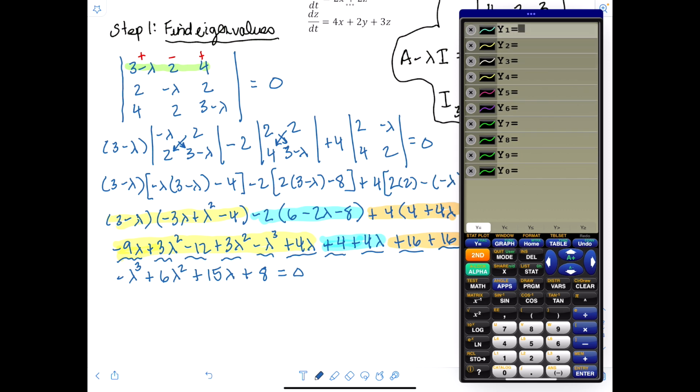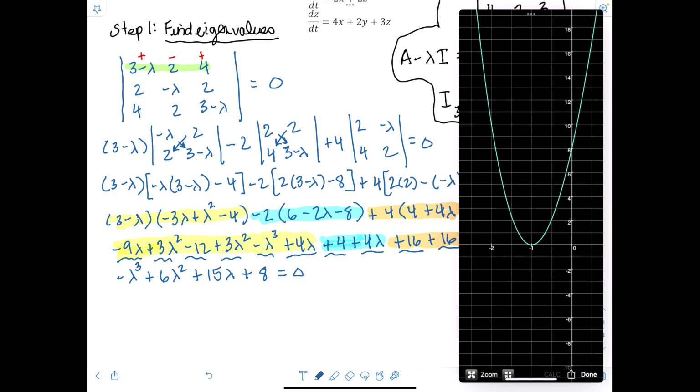And we'll have to put x's in just because of this calculator. So negative x cubed plus 6x squared plus 15x plus 8.